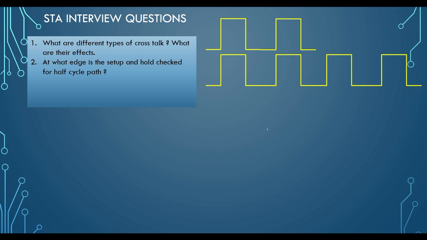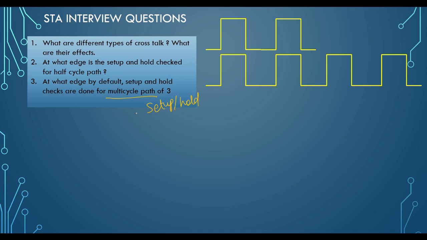Now the next most common question asked in the interview is at what edge, by default, setup and hold checks are done for a multi-cycle path of 3. In this question, the candidate by default starts answering, but the expectation is that first you ask whether this multi-cycle path of 3 is for setup or whether the constraint is applied for hold.